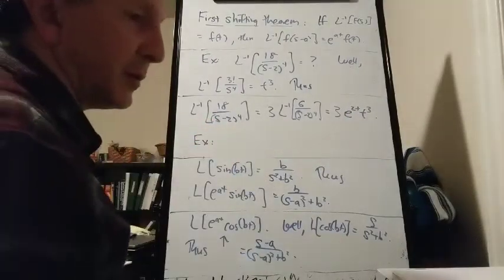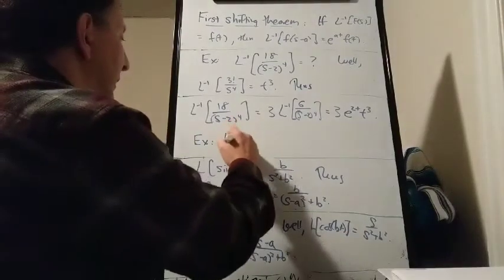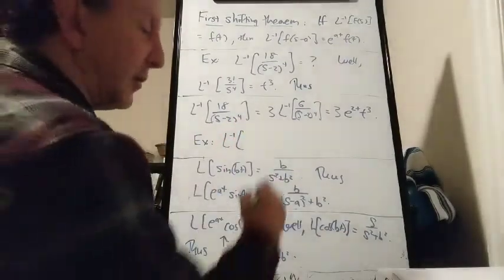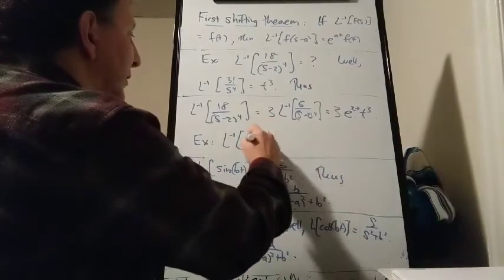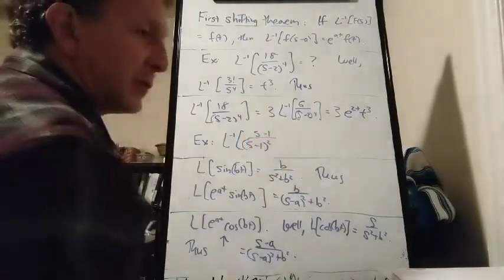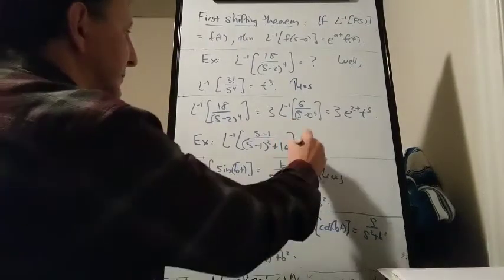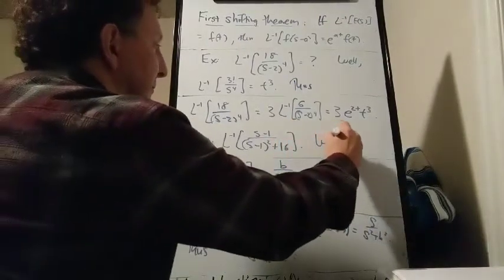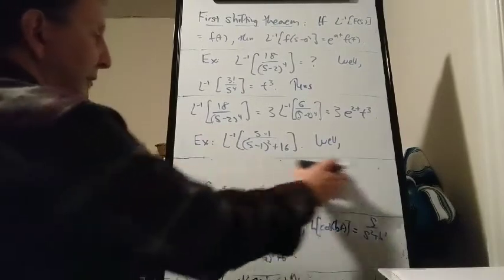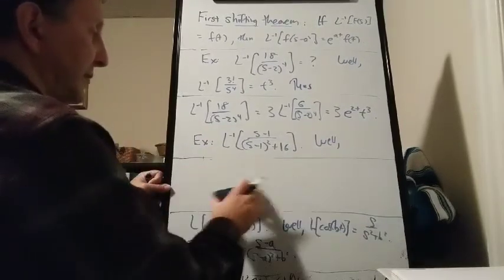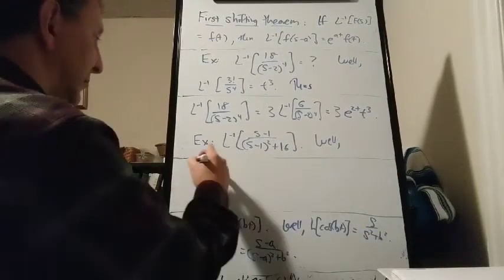Alright, another example. What if we have L inverse of s minus 1 over s minus 1 squared plus 16? So this looks a little bit like s over s squared plus 16.